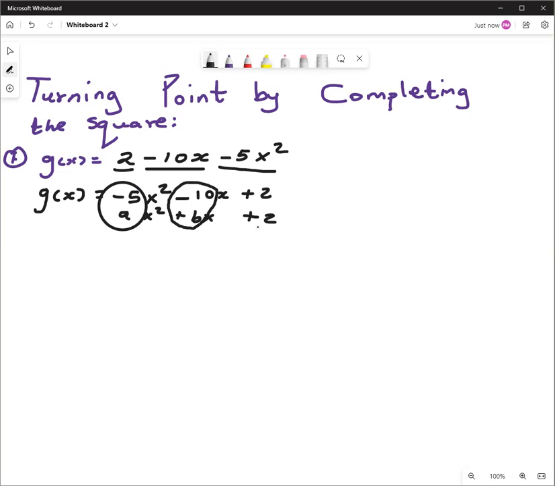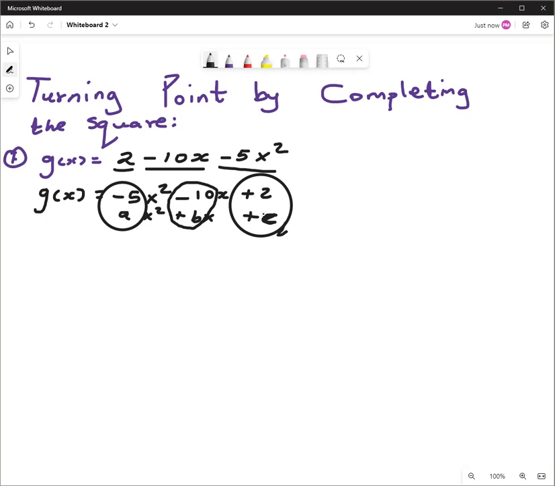And you can see that your c is positive 2. Perfect. So you always need it to be in this form first before you can start. If they give you any other form and they say by completing the square, you need to open it up to ax squared plus bx plus c.